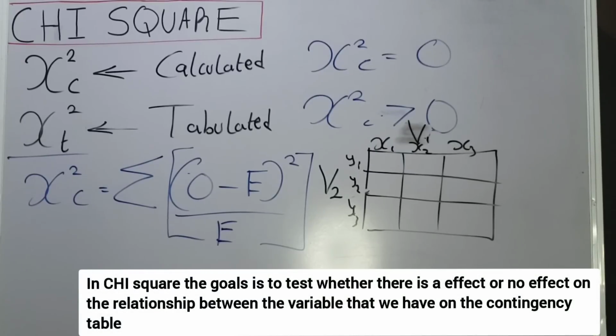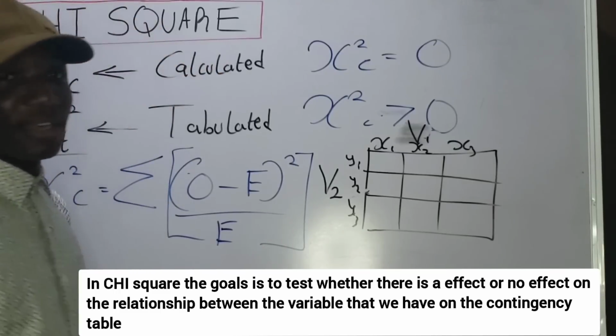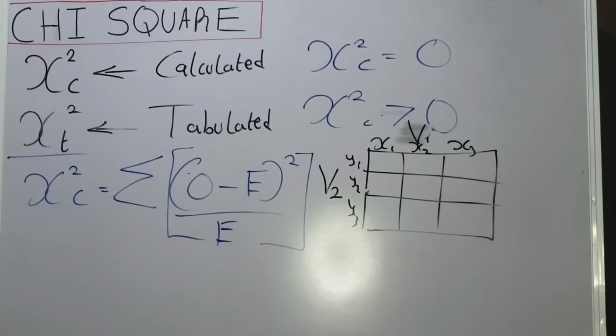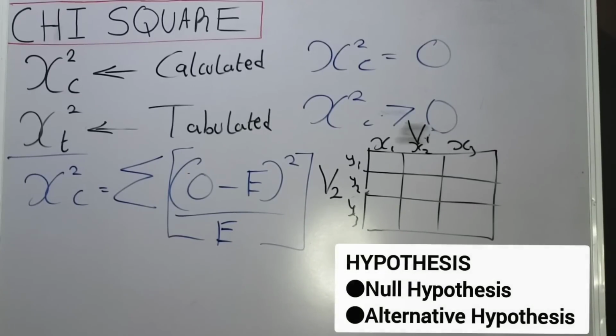Now, in chi-squared, pay attention. In chi-squared, the hypothesis is to test whether there is no effect or there is an effect on the relationship between the variables that we have on the contingency table, like I've already explained before. Now, let me give you the two hypotheses in chi-squared.